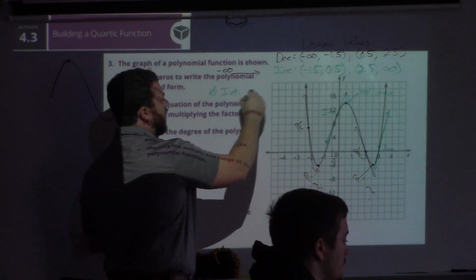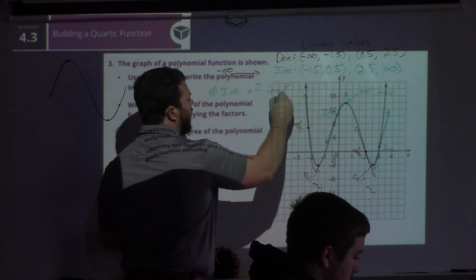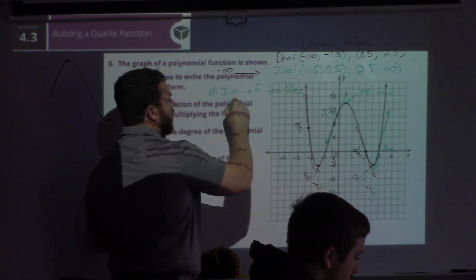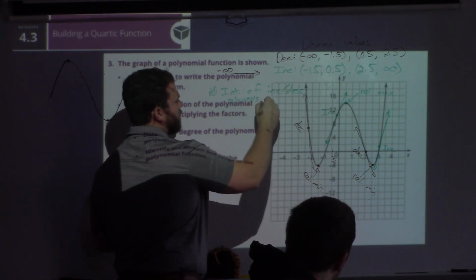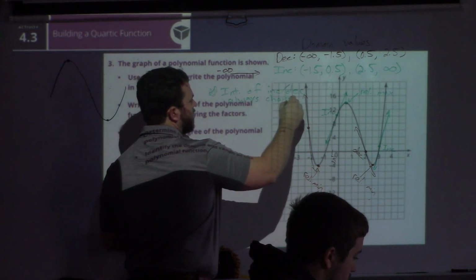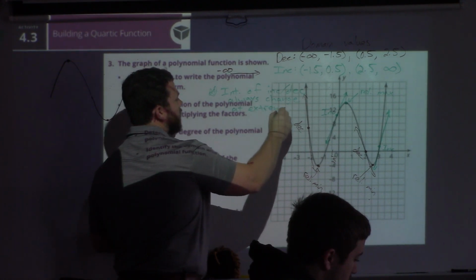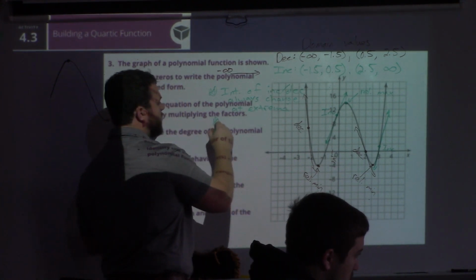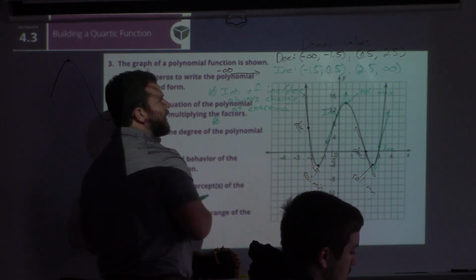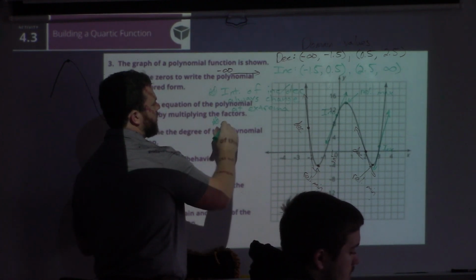Intervals of increase and decrease always change where? At extrema. Second, what are the only types of values you use with domain intervals of increase and decrease?